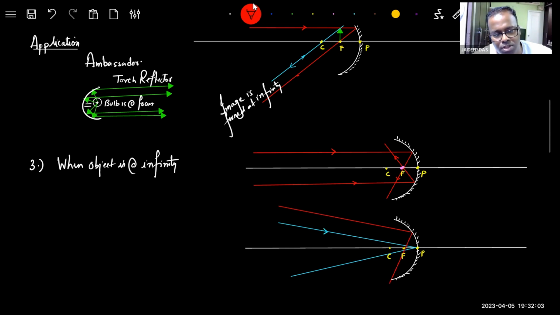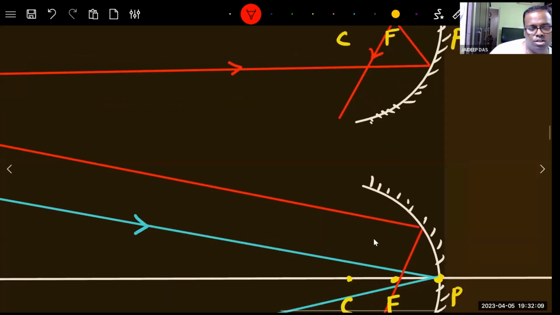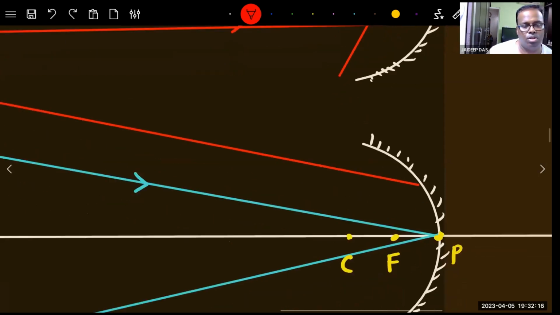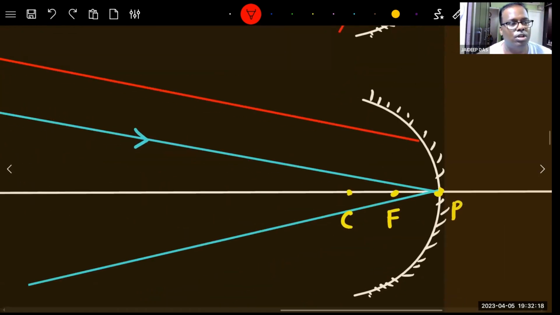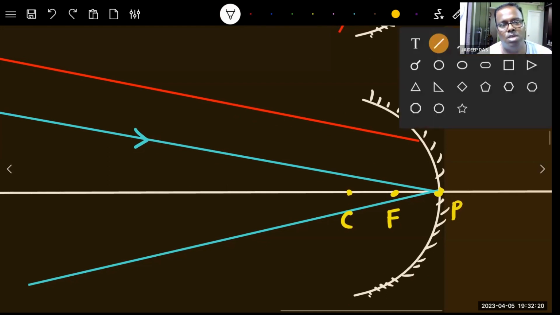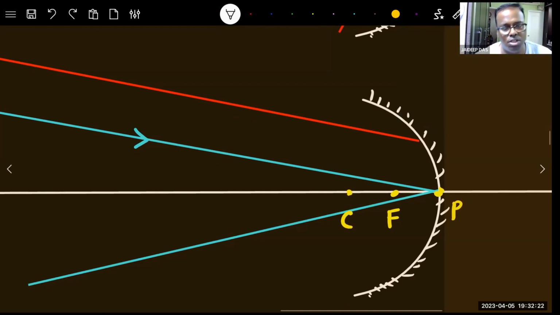Even my drawing is very small here. I can only make an enlargement, like say, for example, if I enlarge it, it's like this, so that you get a fair bit of idea what is happening here. Now, if you see, the image is formed where the two rays meet each other, okay?